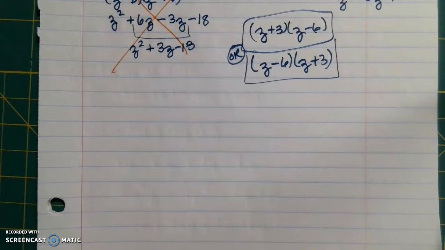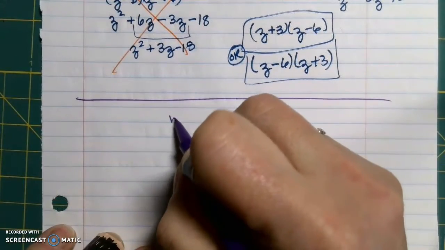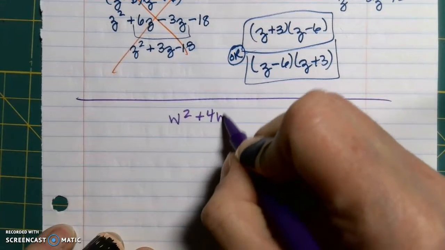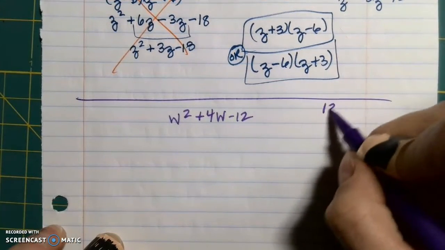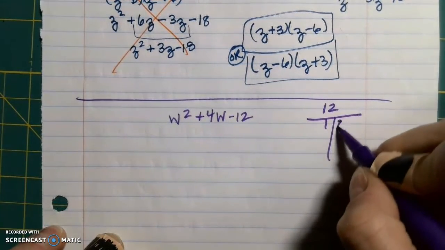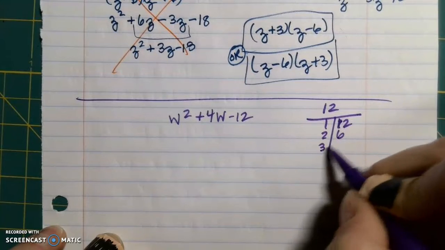Okay, so let's look at the next one down the center there. That one would be w squared plus 4w minus 12. So 12 is the one I'm going to factor. So 1 and 12, 2 and 6, 3 and 4.